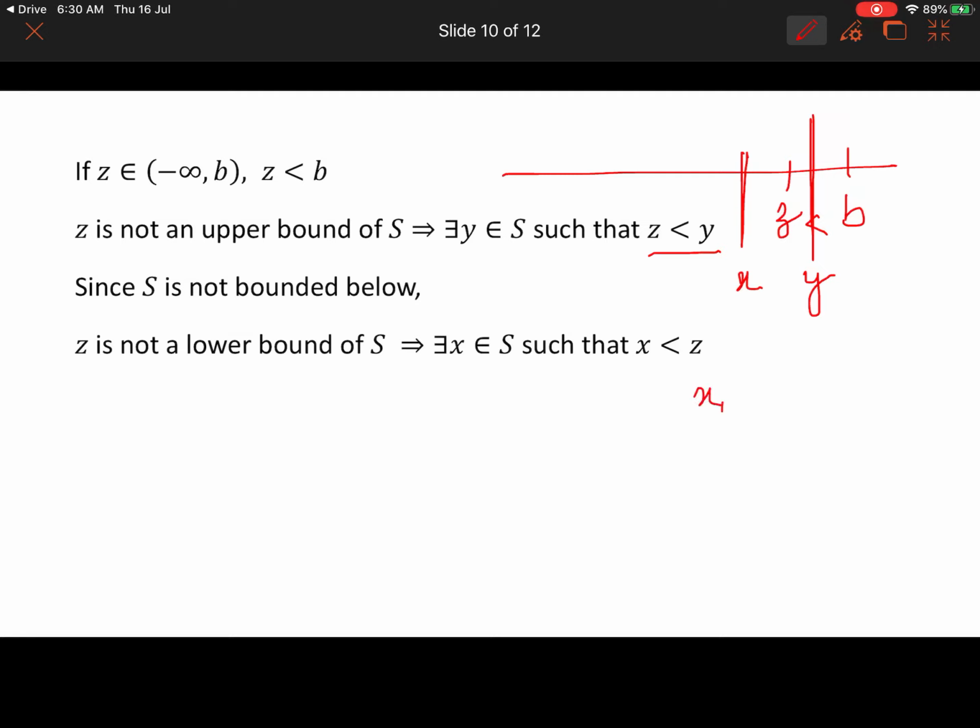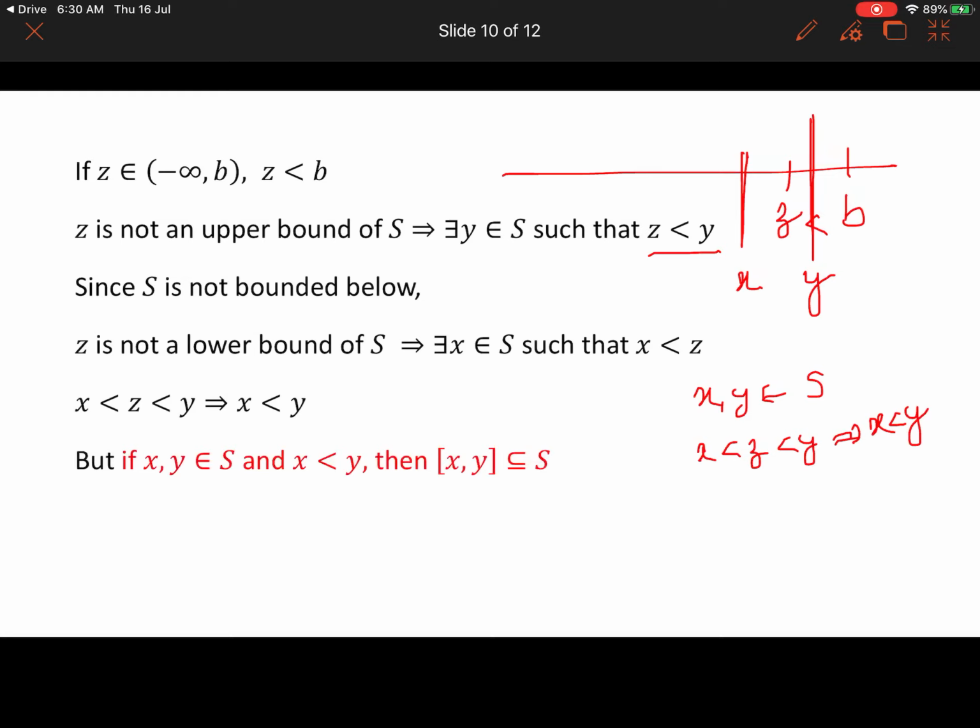So here we have some x, and this x and y are in S, and we have x less than z less than y, which implies x less than y. Again, by our assumption, if x and y are in S and x is less than y, then the closed interval xy is a subset of S. So here also the closed interval xy is a subset of S, and z is between x and y. So z is in the closed interval xy, therefore z will be in S also.